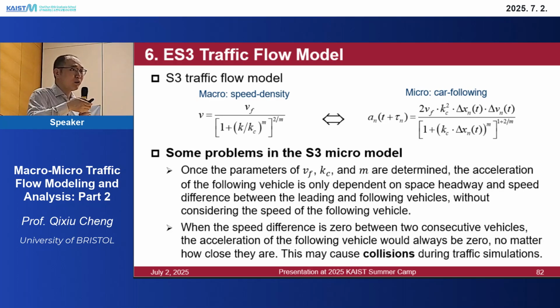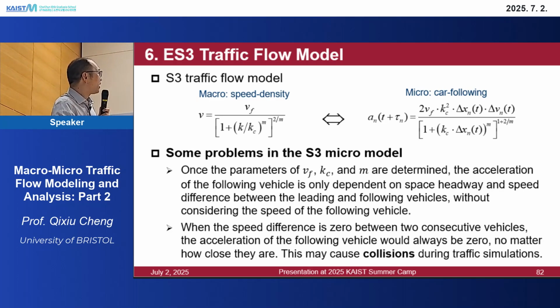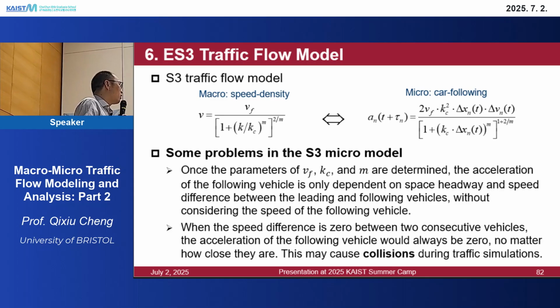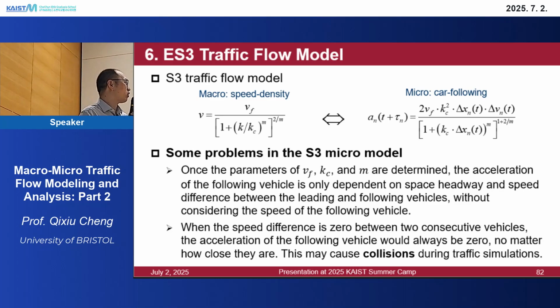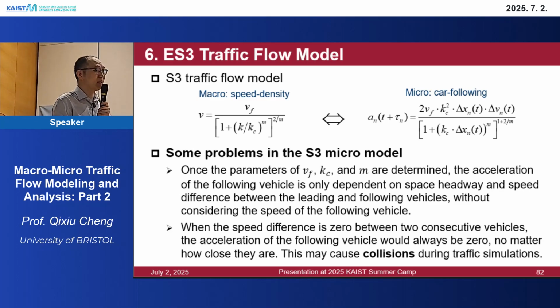This is not real. So when the speed difference is 0 between two consecutive vehicles, the acceleration of the following vehicle would always be 0, no matter how close they are. And this will cause collisions during traffic simulations.